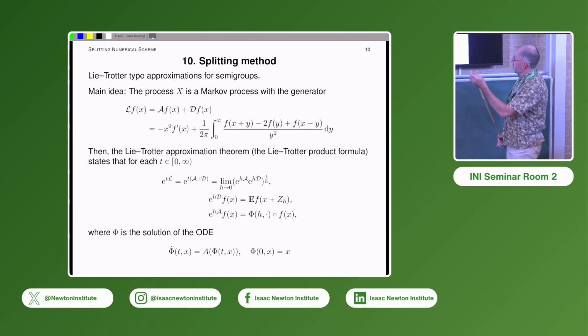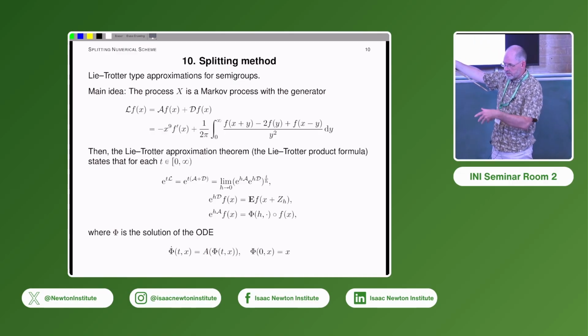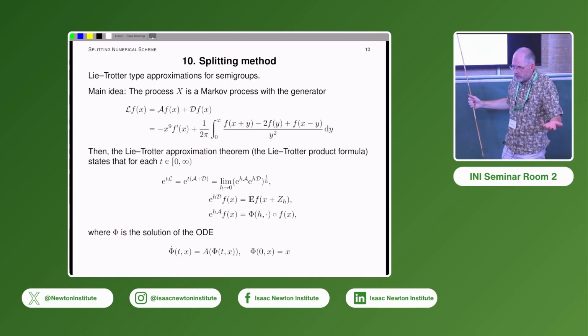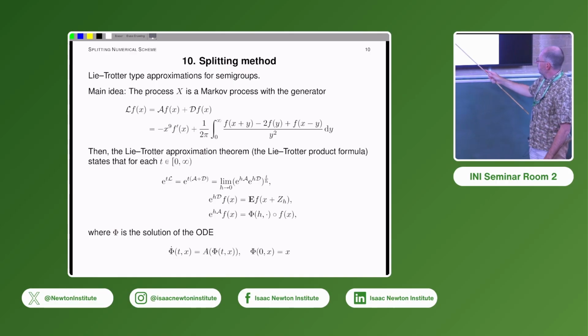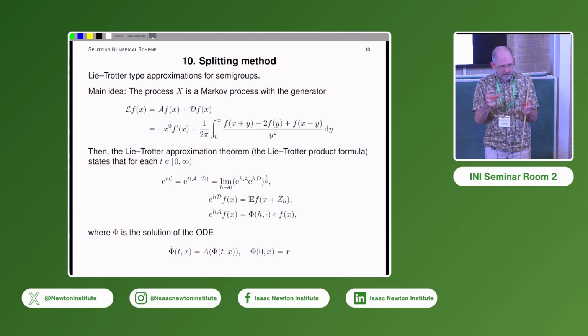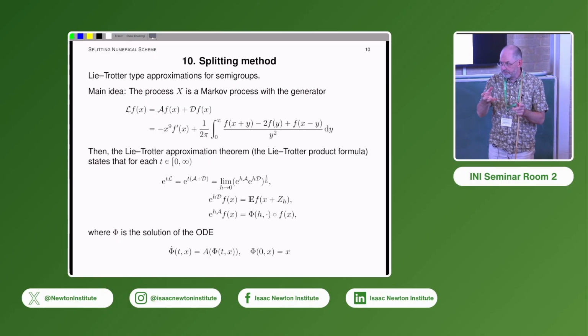Then you write the propagator. This is the semigroup, the operator exponential, the propagator at time t of L. And you can write A plus D, why not? Then you take some time step h and you split. The problem is that even in the matrix case, matrix multiplication is not commutative, so you cannot really do this.